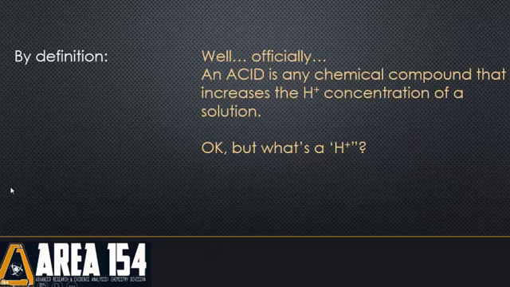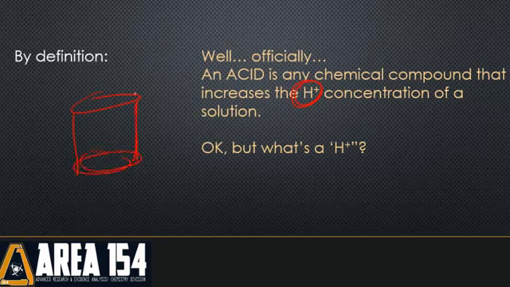So officially, by definition, an acid is any chemical compound that increases the H+ concentration in a solution, which is a whole lot of chemistry talk for: if you've got a container of stuff, so let's say it's a liquid, and acids are all contained in water, so we can just assume that there's some good old-fashioned water in there.